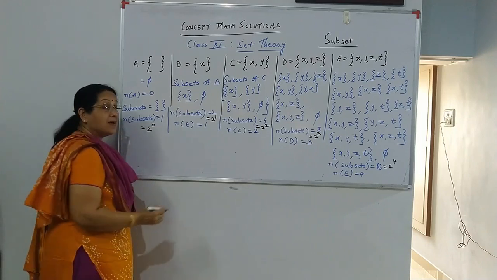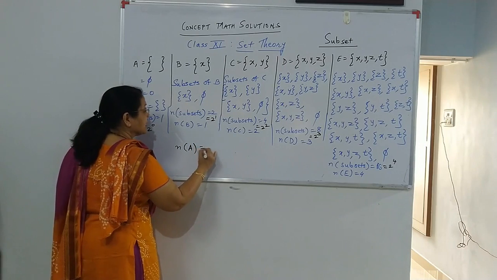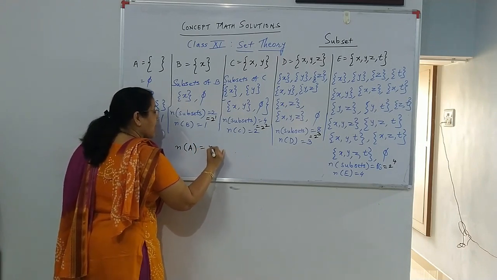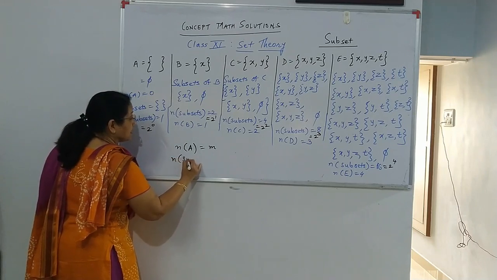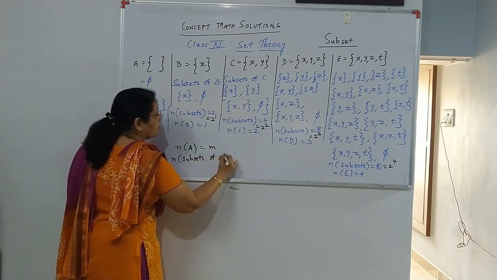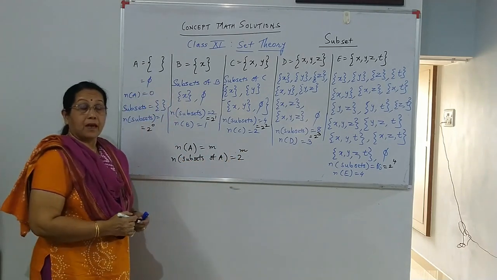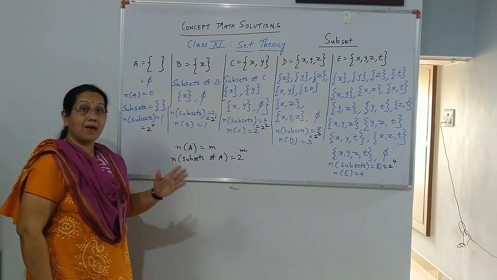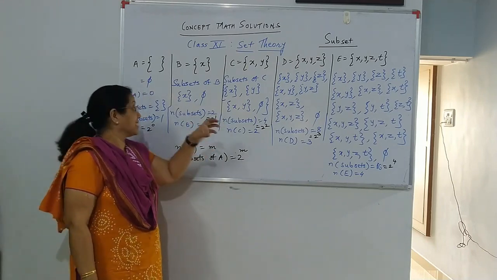That is, if a set A has, say, m elements, then the number of subsets of A would be 2 to the power m. If a set has m elements, then it will have 2 to the power m subsets.